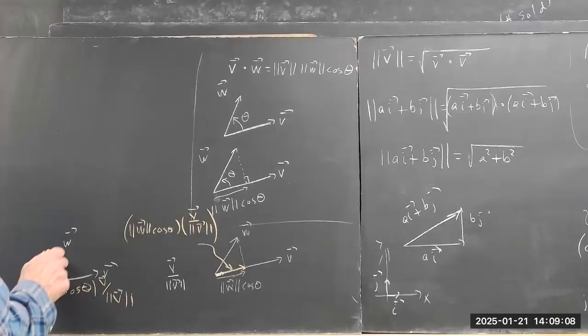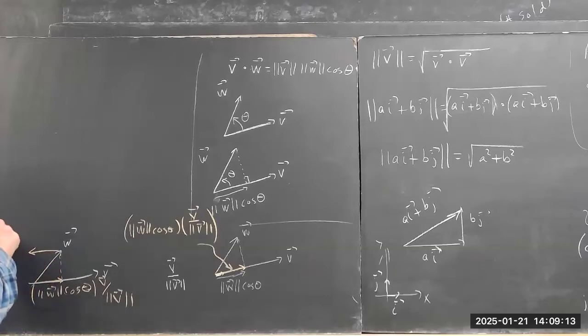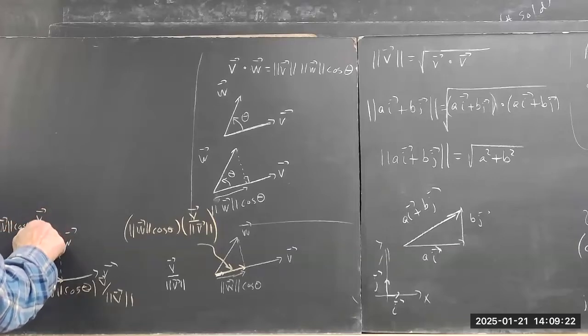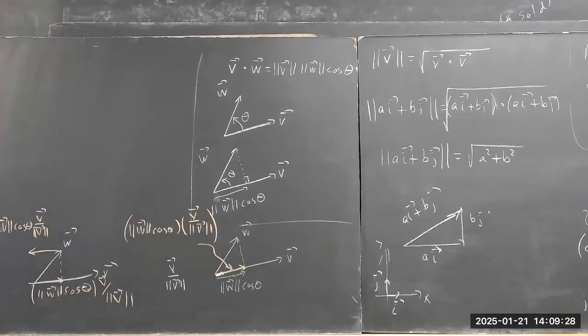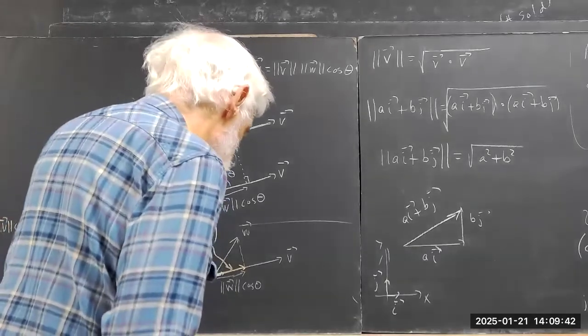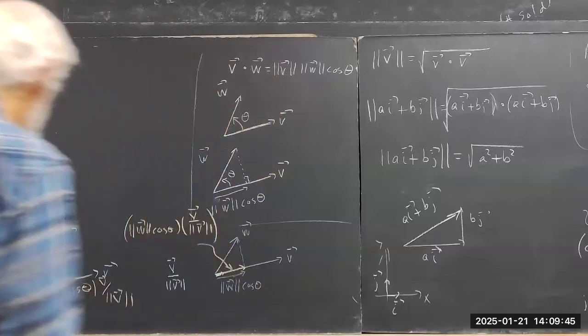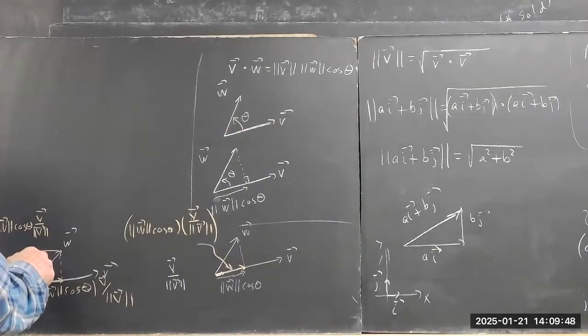If I subtract that from W, then the vector that I get is this.